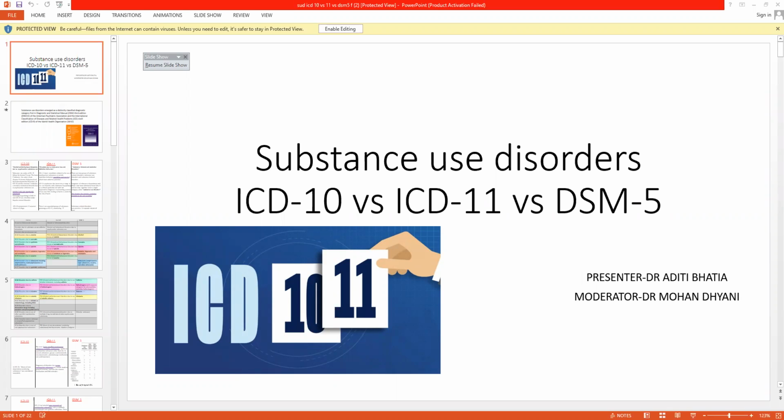In ICD-11, a category of dissociative drugs has been incorporated separately, which comprises phencyclidine and ketamine.